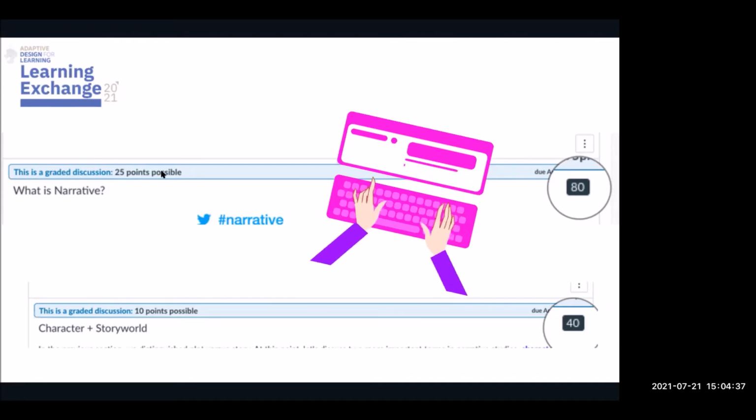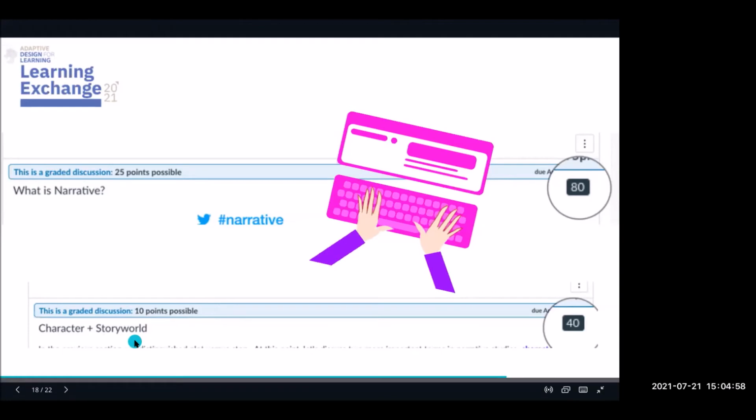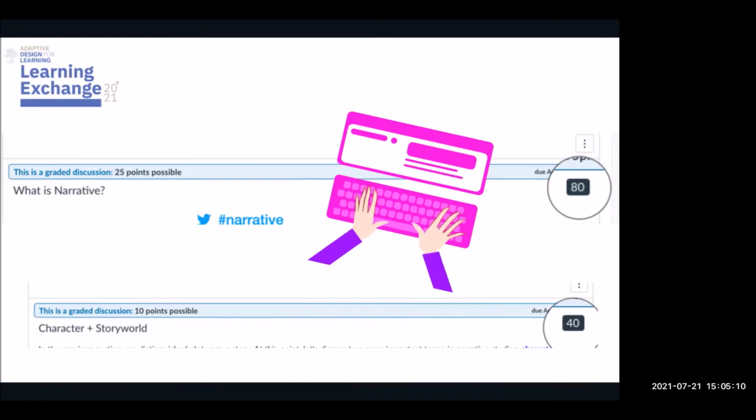I only have 25 students, but since they need to reply at least twice, you can see with these 80 posts that they are doubling, tripling their replies to their classmates. So the engagement is higher. And look at this, character plus story world, 40 posts. They are only 25, so that means they also replied to the posts of their classmates.